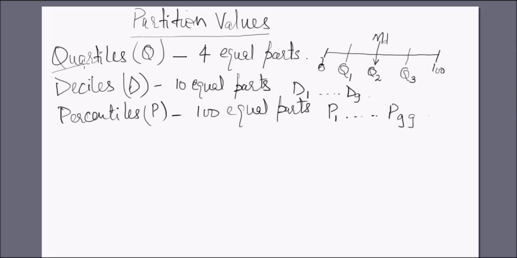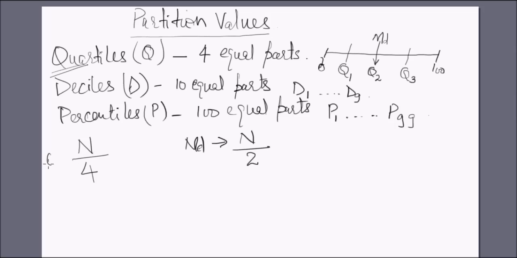Let's take for example the quartiles. Suppose I have a set of data, and I have to find the quartile values Q1, Q2 and Q3. Since there are 4 parts now, n is the total number of data, which we have been using. So n would be divided into 4 parts. For median we used to take the total number of data divided by 2.